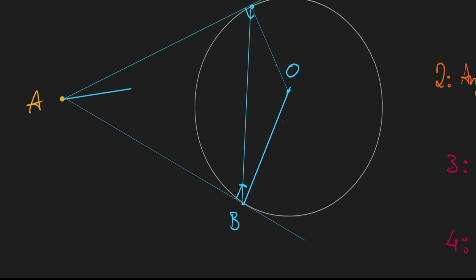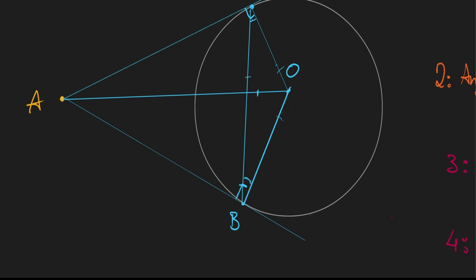So we know that this angle here and this angle here are equal because it's an isosceles triangle, because this side and this side are equal and they share a common side. So we have one pair of angles that are equal, another pair of angles that are equal, and two pairs of sides that are equal.